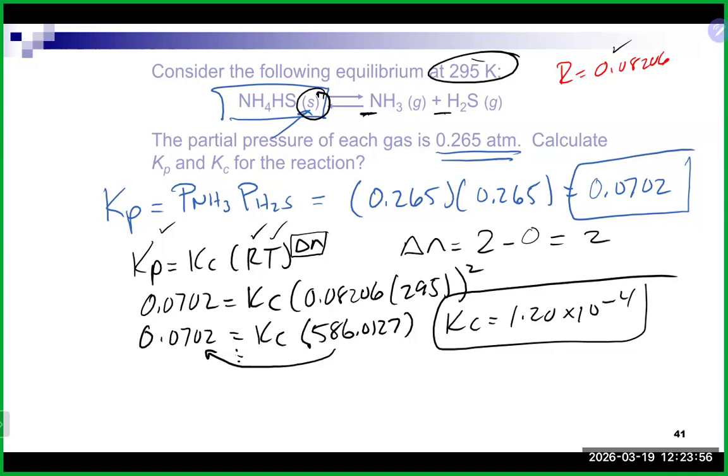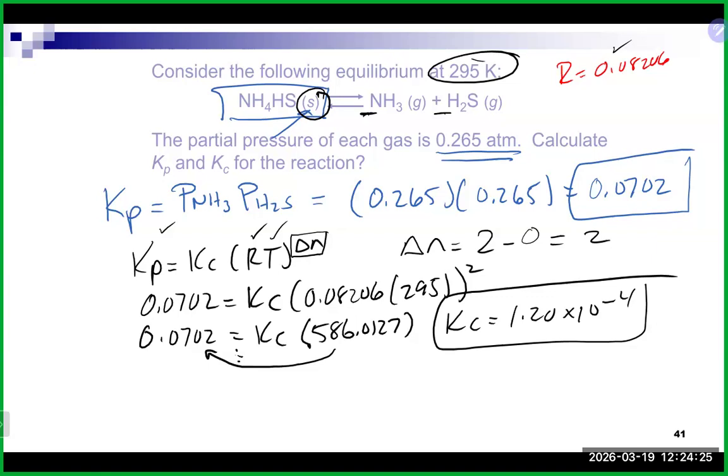Once again, as we talked about last time, oftentimes Kp and Kc will not equal the same numerical value. It is possible that they can, but most of the time they will not. But they both should tell you the same thing about the reaction. We would consider both of these values, the Kc and the Kp, to be small values of K, since they're less than 1, and we would expect mainly reactants in this particular situation.